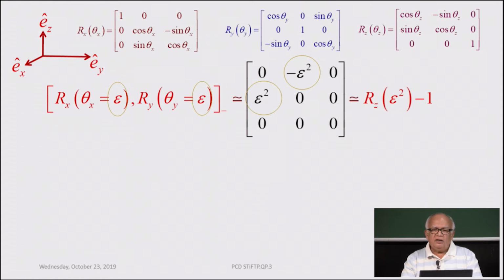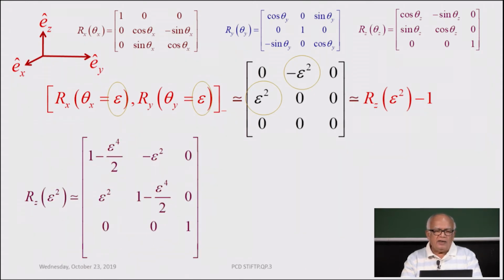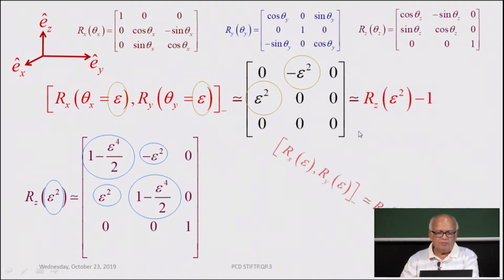If you look at the rotation matrix for Rz, not for the infinitesimal angle epsilon, but for its square, you will have 1 in the diagonal element because epsilon to the 4 can be ignored, and in the off diagonal elements you will have minus epsilon square here and a plus epsilon square here. So, this is nothing but Rz of epsilon square minus 1. Okay. So, this is an important result that we are going to use very soon.